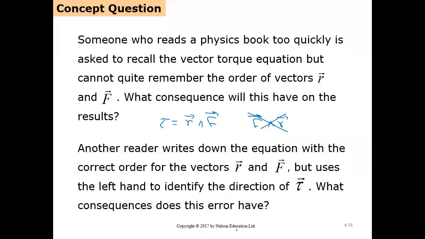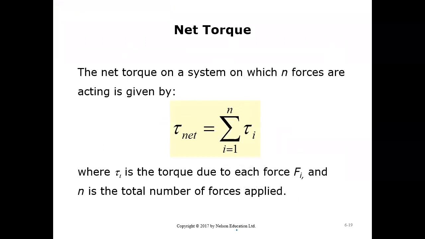When you stretch your fingers along R, the first vector in the expression for the product. If you say F cross R, F multiplied by R, that means you have to stretch your fingers along F first and curl it towards R. That will give you the wrong direction, the opposite direction to if you do otherwise. So it matters.